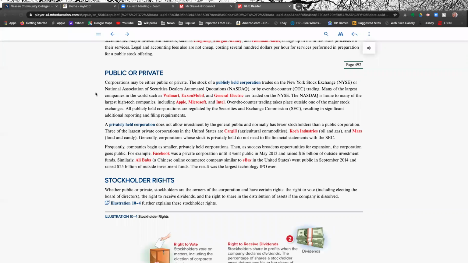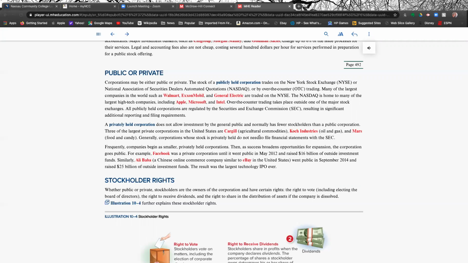So they give you some examples of publicly traded companies like Walmart, Exxon, General Electric, Apple, Intel, etc. Privately held companies can still be pretty big, right? But they just choose not to trade their stock on the stock exchanges. So they give you some examples of companies called Cargill, Koch Industries, Mars. These are examples of privately held companies.